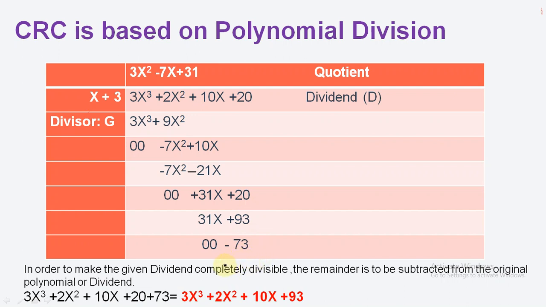And the 73 is to be added. Actually 20, the existing thing, minus 73, since we are supposed to add this remainder. So what we get is, okay, it is wrong. It is 3x cube plus 2x square plus 10x plus minus 53.